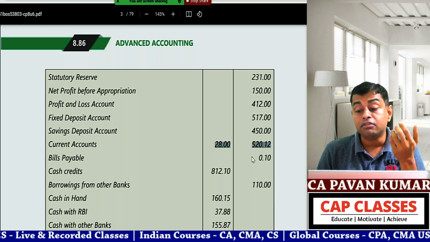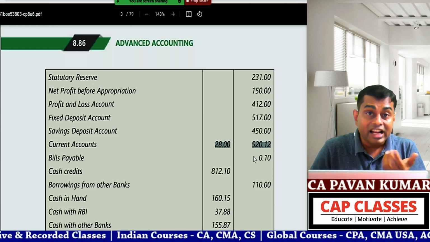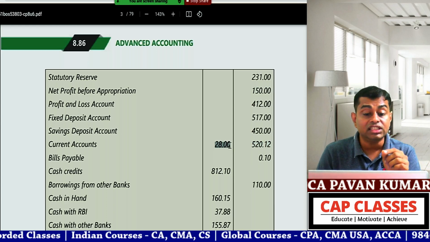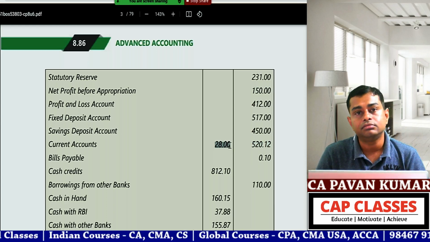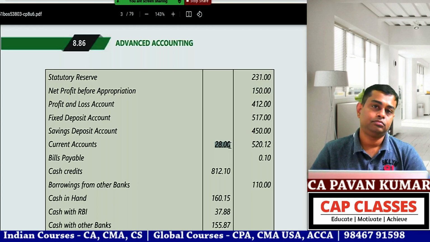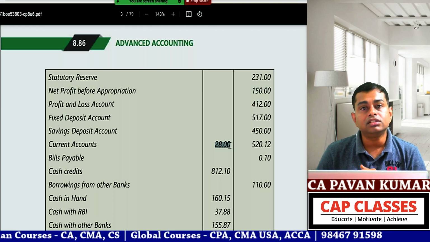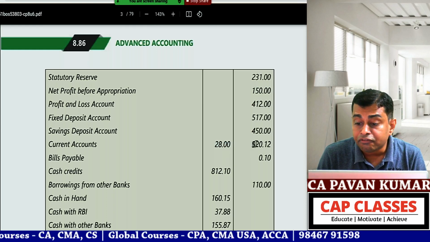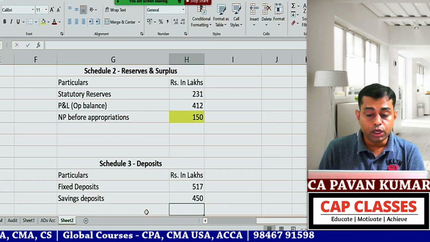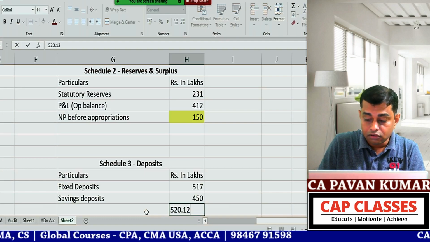You cannot do 520.12 minus 28. This 28 should be shown on the asset side because this is a current account with negative balance. That means current account with negative balance is equal to OD. Current account with the debit balance is equal to OD. So 520.12 only is my liability.